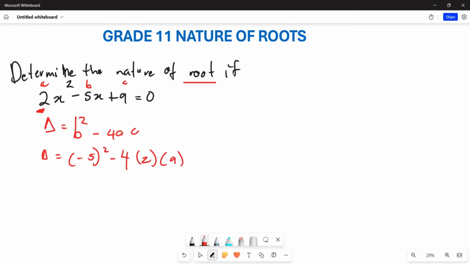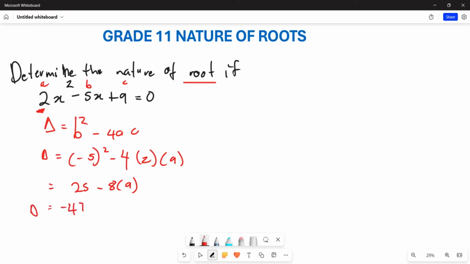When you work this out, it is 25 subtract 8 multiplied by 9. The answer you find here, your discriminant, is -47.